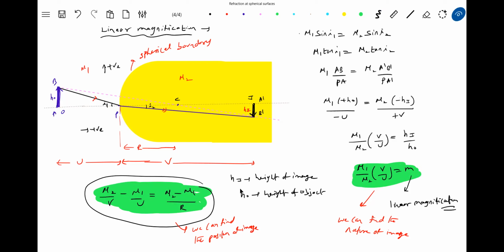Next question: is it confined only to a spherical boundary? What happens if a plane boundary comes? Can we apply it for a plane boundary? R will become infinite for a plane boundary.